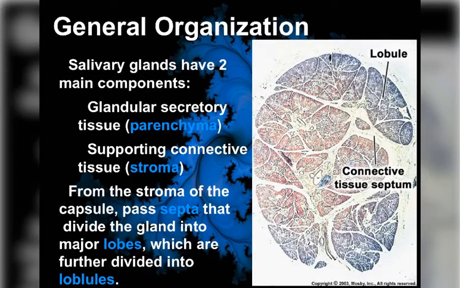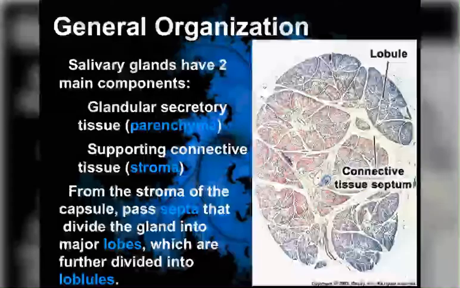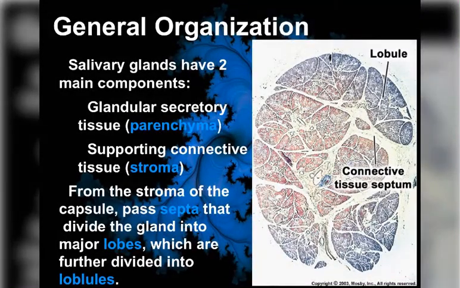Salivary glands have two main components: glandular secretory tissue called parenchyma and supporting connective tissue stroma.